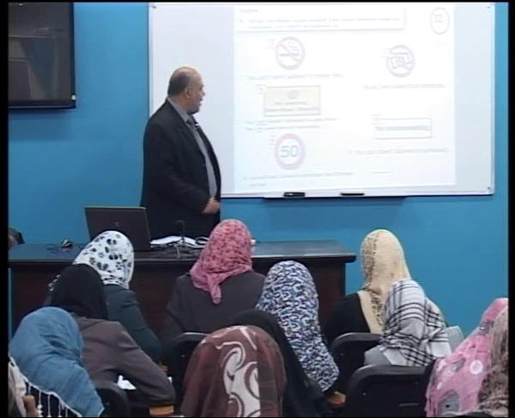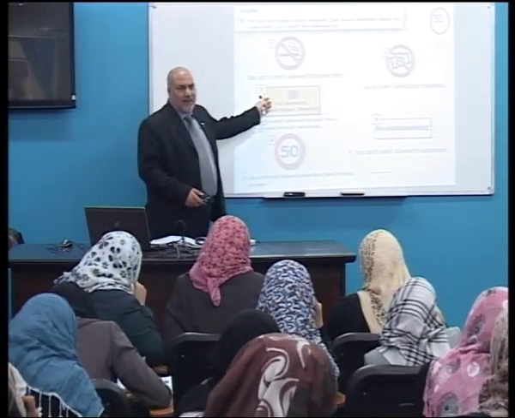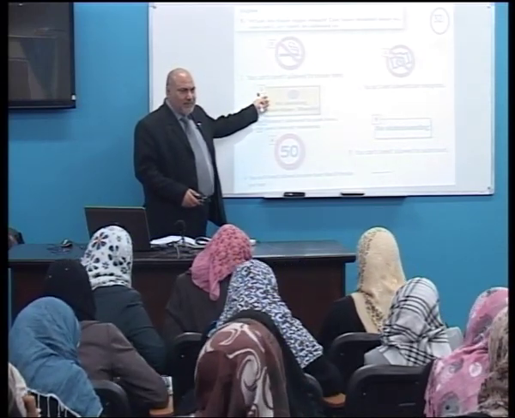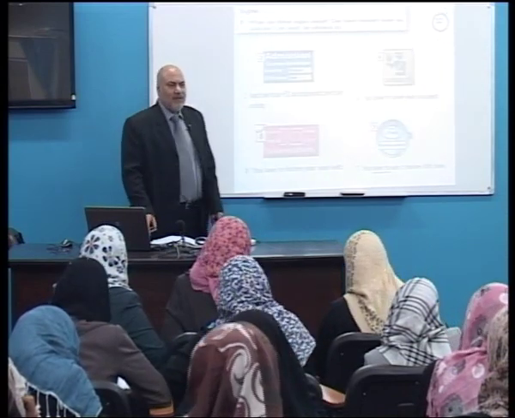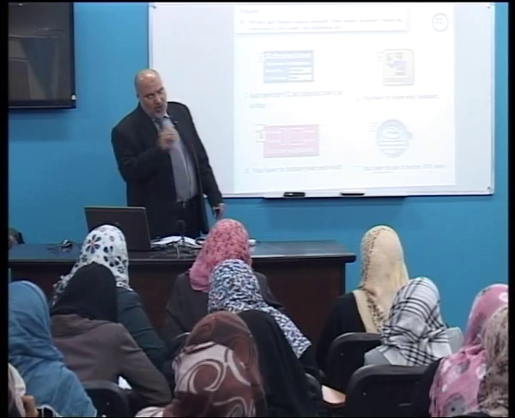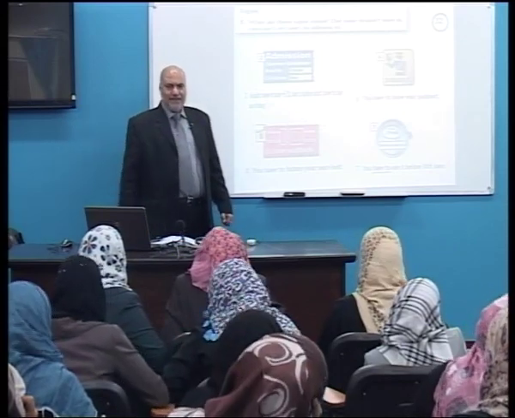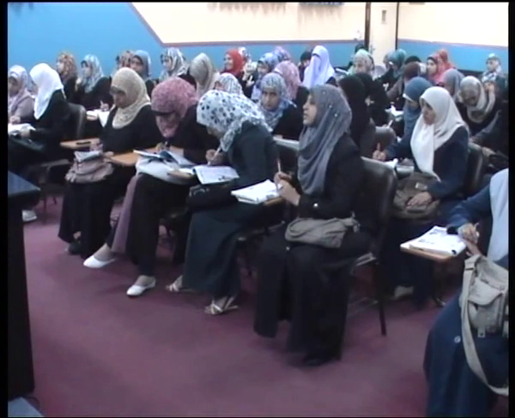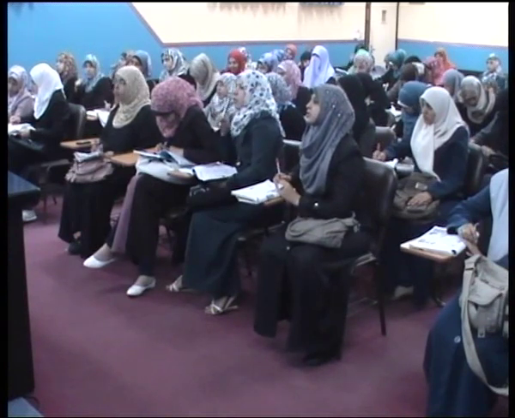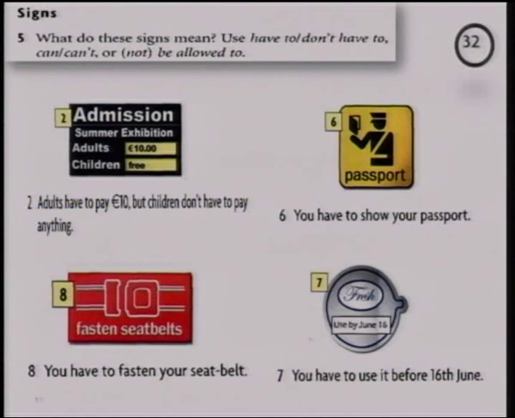Now, this is about what? Permission. This one, about what? Obligation. Who can read? Adults have to pay 10 euros, but children don't have to pay anything. Good. Number 6.